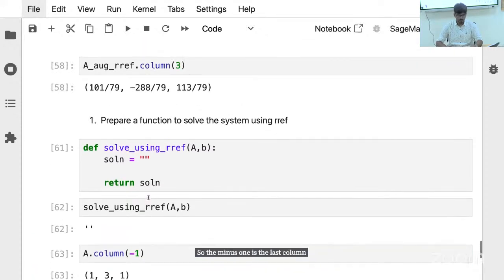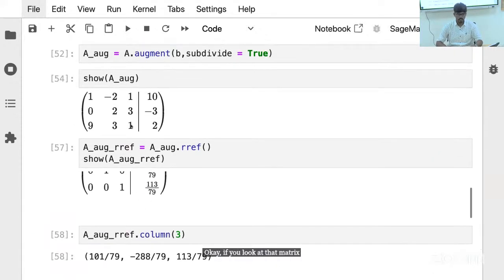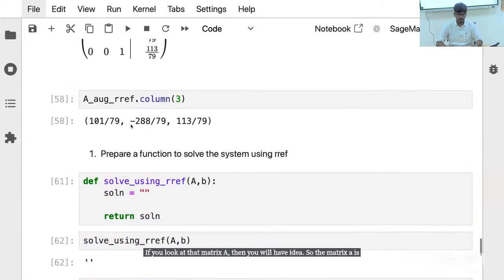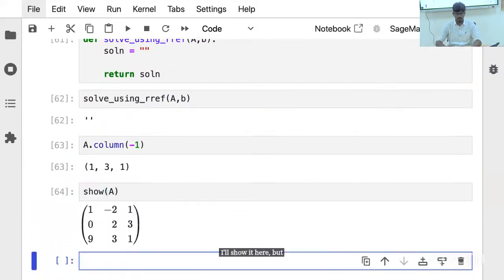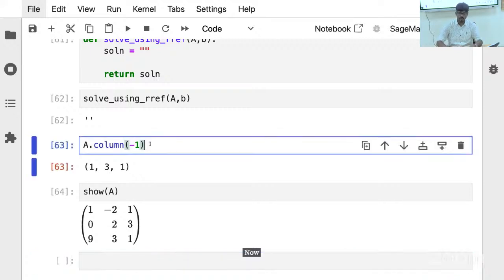If you look at that matrix A, then you will have an idea. I'll show it here, but what was my matrix A? The matrix A was 1, 0, 9, 1, 1. This first column is 1, 0, 9, second column is -2, 3, and the third column is 1, 3, 1, right? Now, if I write A dot column of -1, then what is that going to do?